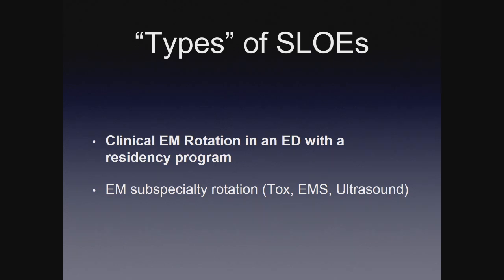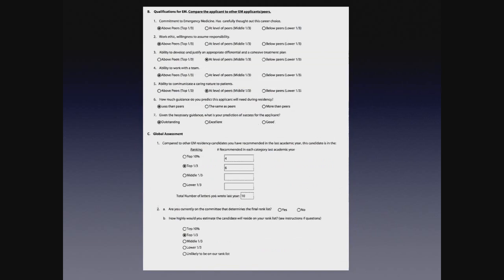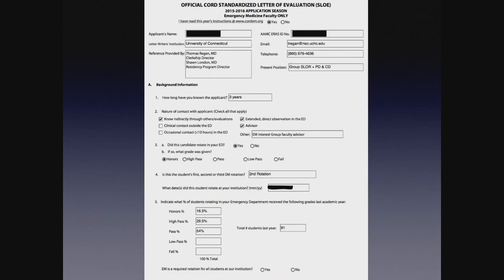However, now there's also the opportunity, if you do an EMS rotation, ultrasound, or tox, to get them to write a SLOE. But I'm going to back up because I want to point out to you the box up top that says nature of contact with the applicant. They're going to say, other, EMS clerkship director.